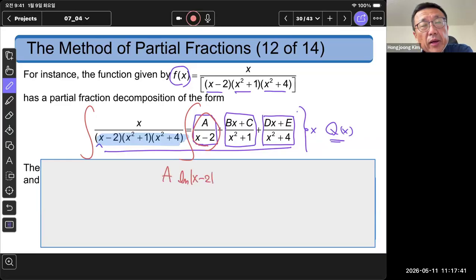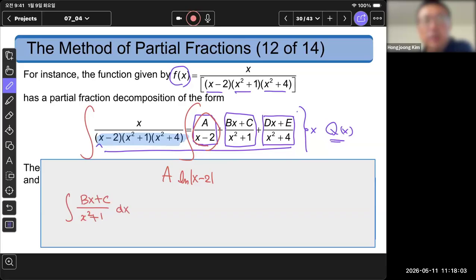Then, what do I get when I integrate the second term? Suppose that I know the values of b and c. Then what do I get for bx plus c over x squared plus 1?